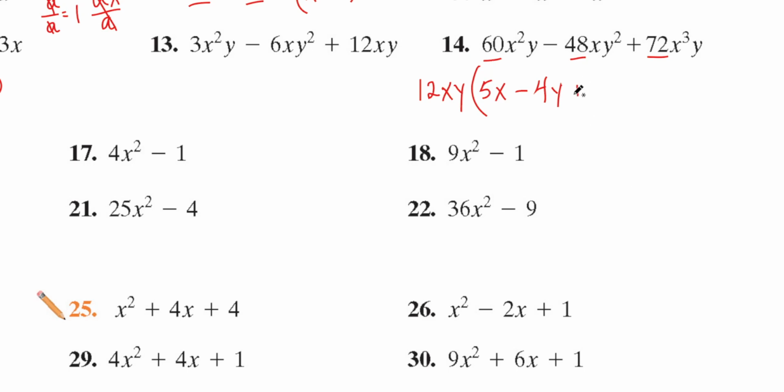And then put plus 72 divided by 12. What did we say that was earlier? 6. X cubed divided by x. X squared. Good. See that? X cubed divided by x. Watch.